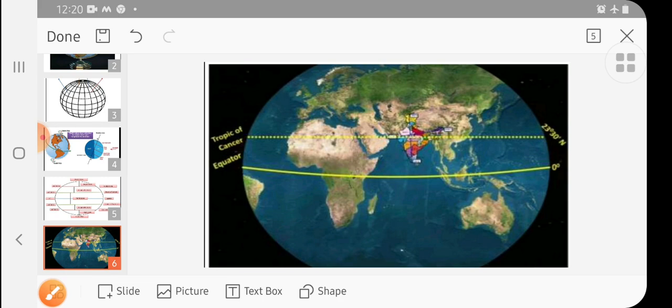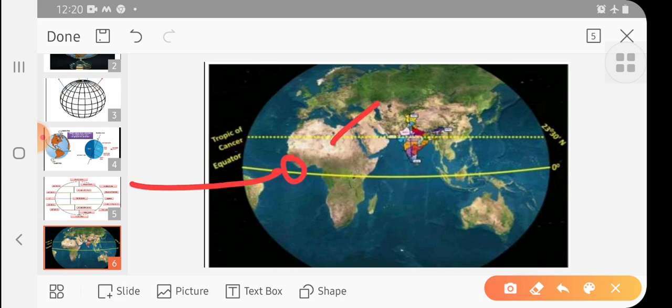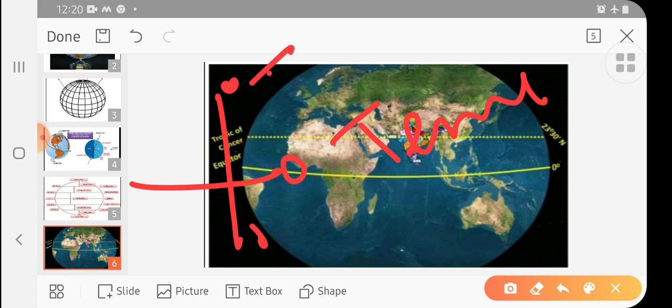So by this we know the temperature of the earth. One thing I want to tell you, by the equator we know the temperature, and by the 0 degree prime meridian we know the time of a country.